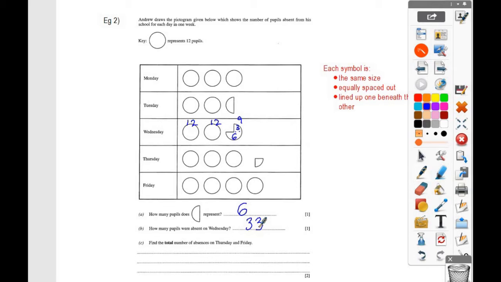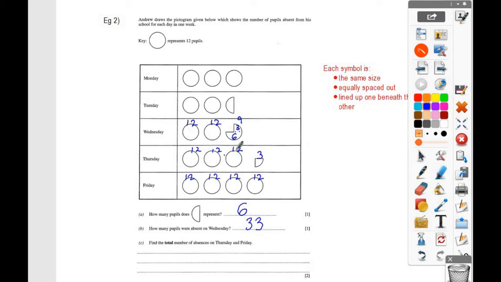It's always important to read the question because part C says find the total number of absences, but it's only for Thursday and Friday. So again, repeat the process. 12, 12, 12. This time we've got 1/4 of 12, which is 3. And 12, 12, 12, and 12 for Friday. Here we've got 2 marks, and we've got some lines to do our workings. There's a couple of different ways you can do this.